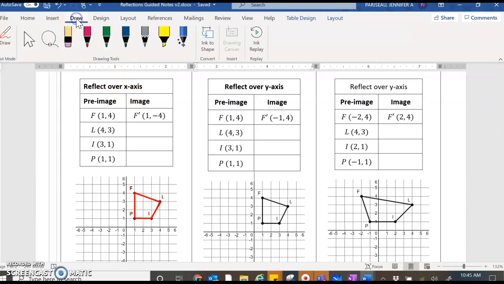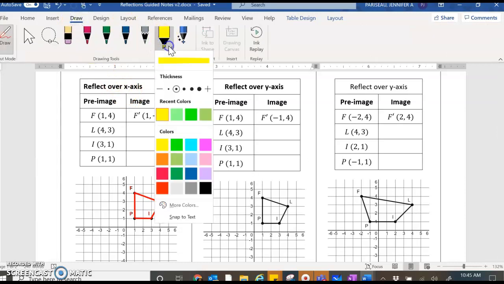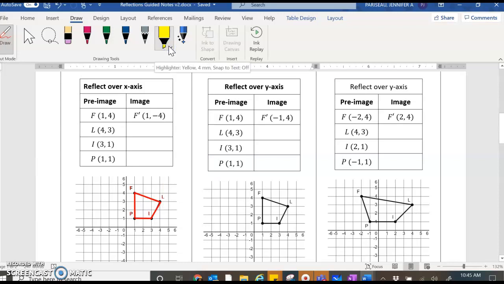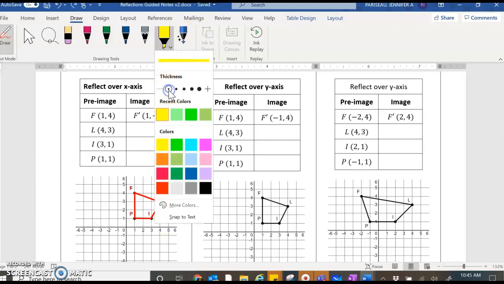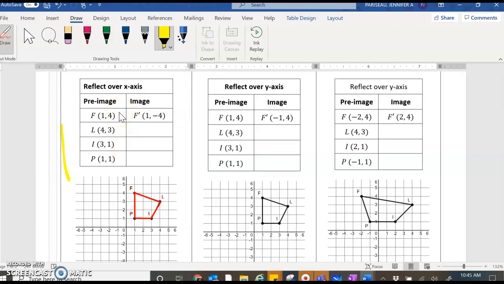Because of that, I'm going to go to my highlighter here and see what's the thickness. That's very thick. Let's undo that. Can I get that a little skinnier? I think maybe it's because I was zoomed in. I'm not sure. Okay, I'm going to try to highlight that slightly.